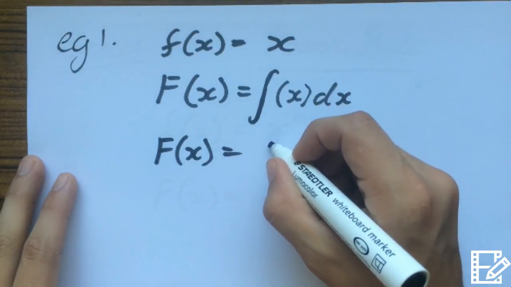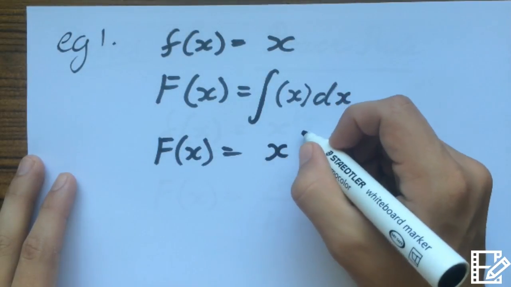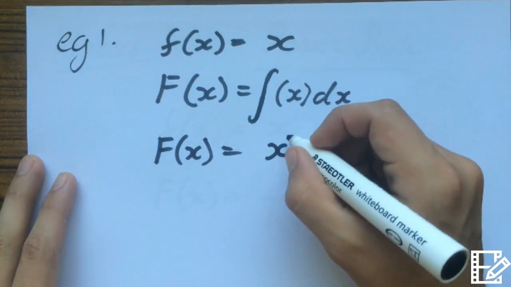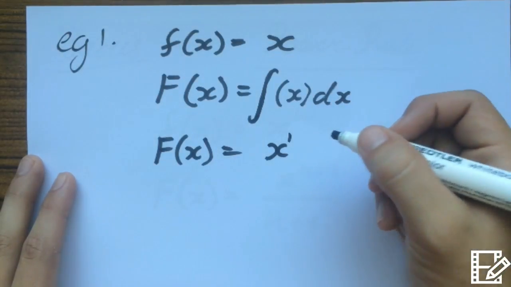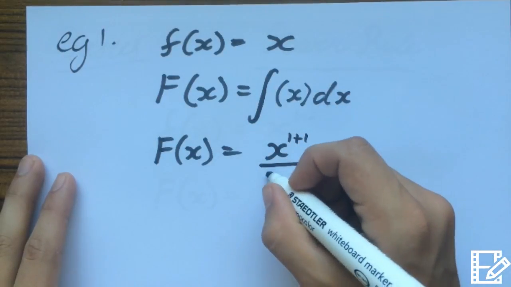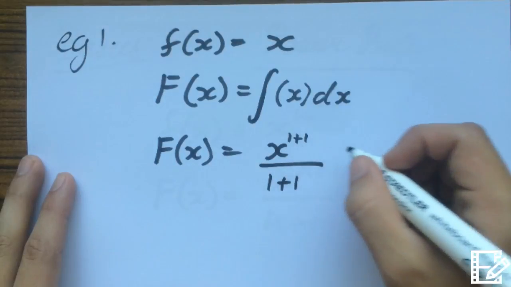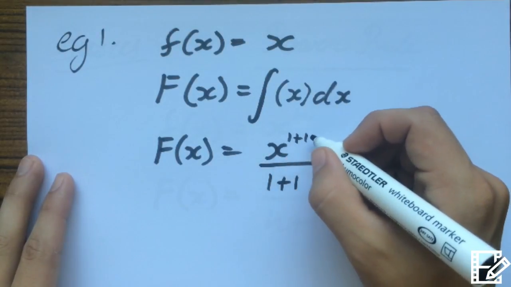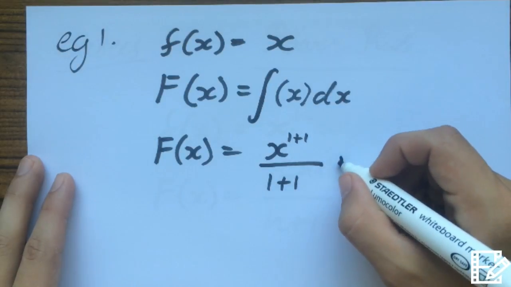So x, add 1 to the power. x by itself already has a power of 1, so adding 1 to the power would be 1 plus 1. And that would be over 1 plus 1, because that is the new power. The old power was just 1. The new power is 1 plus 1. And then we add c.